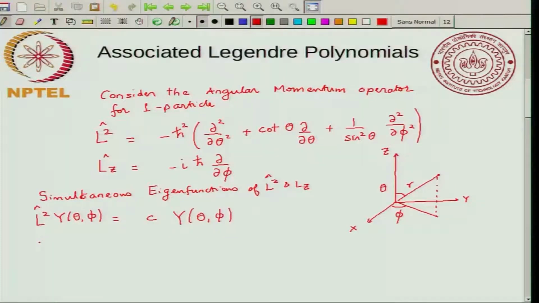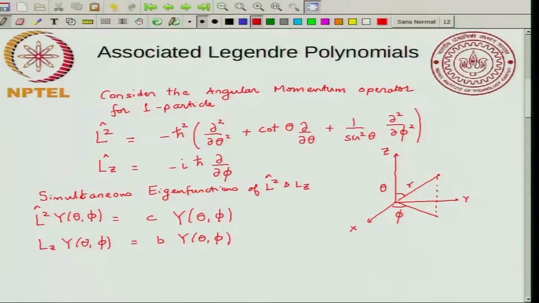And if you take Lz operated on y of theta phi, you should get some other constant b times y of theta and phi. We are trying to find a y that satisfies these two conditions, and these will give you some differential equations.